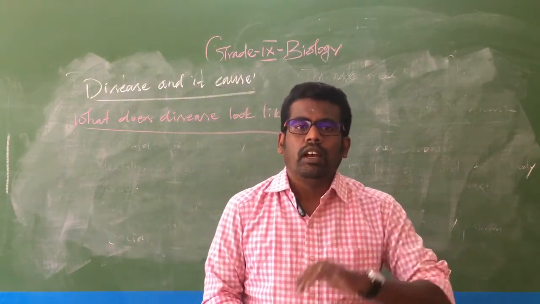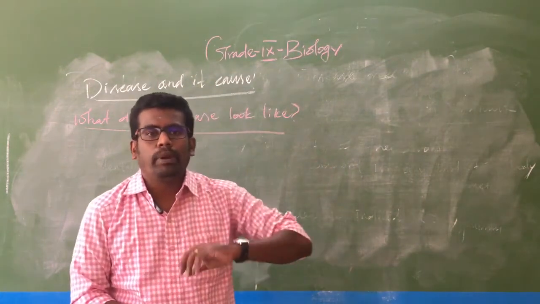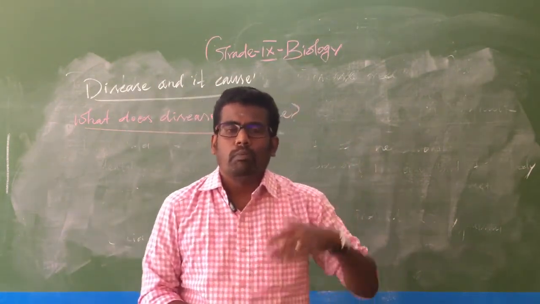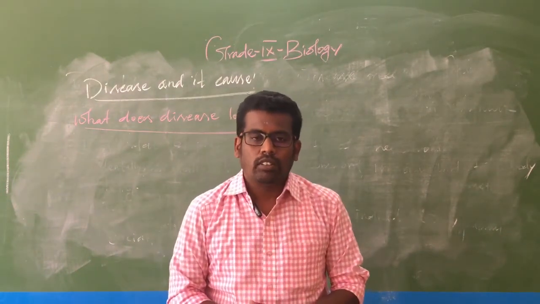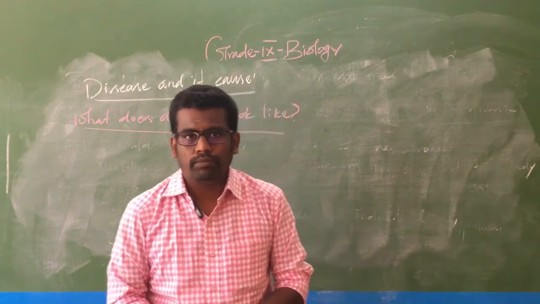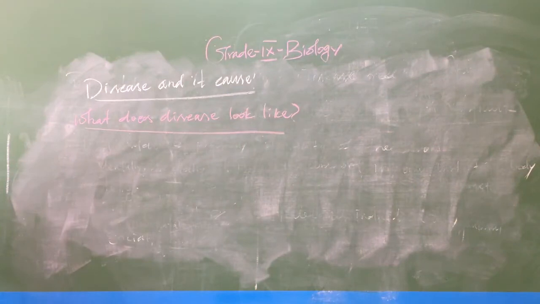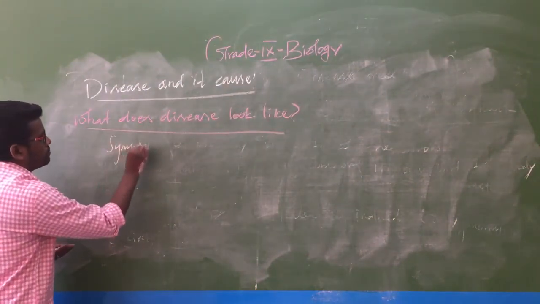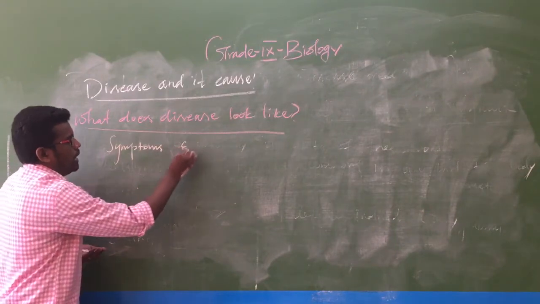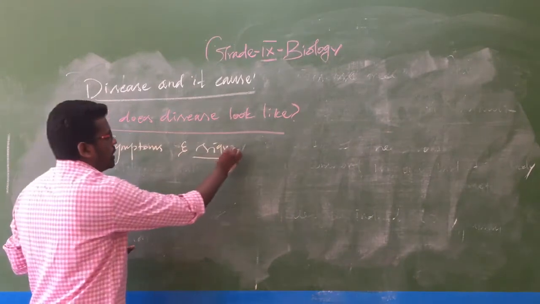So we can identify that something has happened, maybe pathogens or damage to the organ so that it does not function properly. So we can identify the disease only with the help of symptoms and signs.